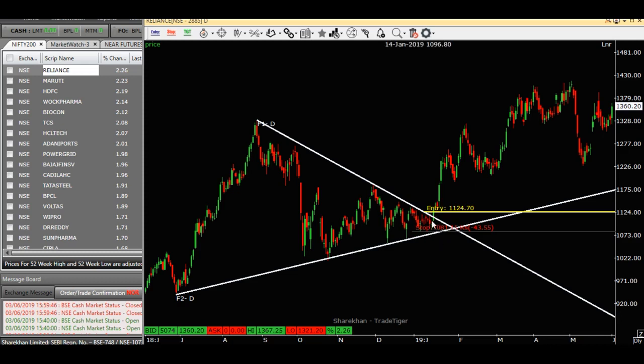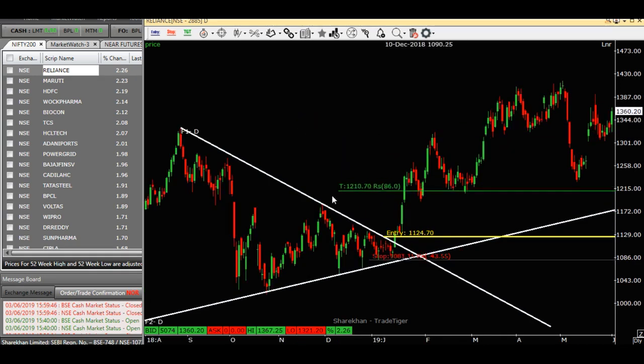Stop loss is towards the opposite end. And my final target I can keep as the high of this triangle here, right? Or if you want to play the swing highs, so this will be my first target, and this can be my second target here. Okay, so as per your risk appetite, you can play these patterns.